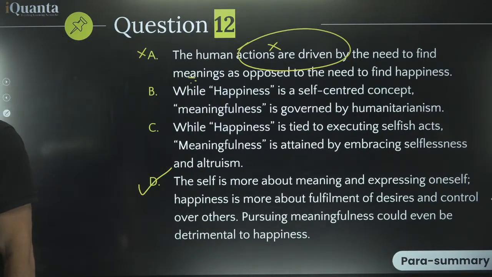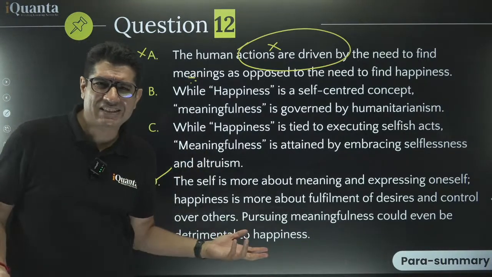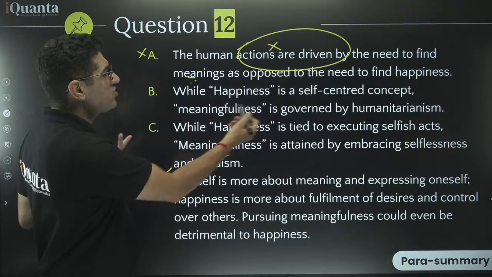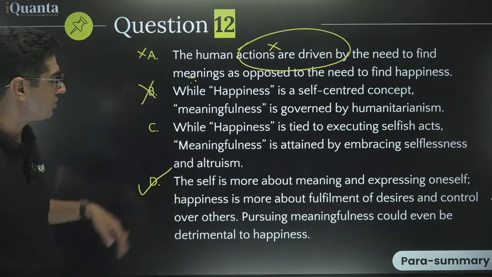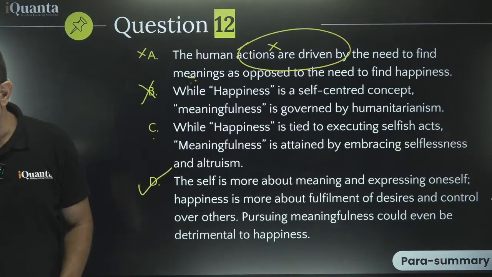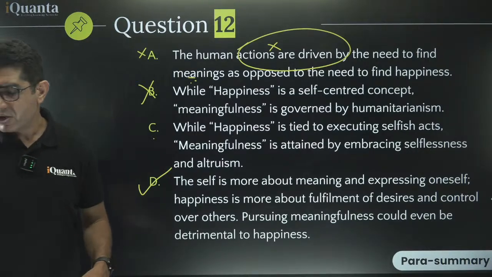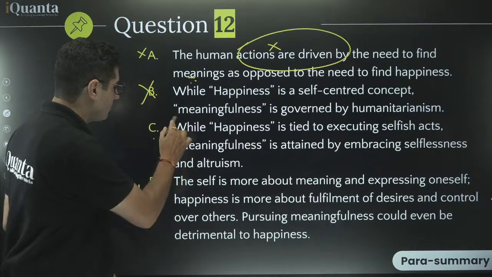What exactly is humanitarianism? Humanitarianism involves addressing the needs of people who are affected by conflict, natural disaster, epidemics, etc. It's not even mentioned anywhere. So that's an alien thing. We are bringing in something new, an addition, rule it out. How about C? Embracing selflessness and altruism are not mentioned as ways to attain altruism in the paragraph.